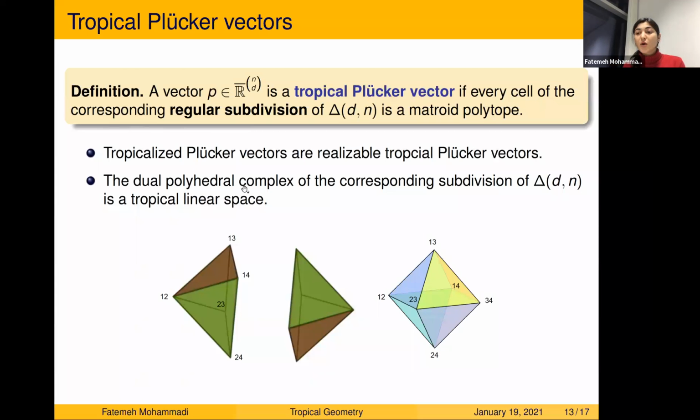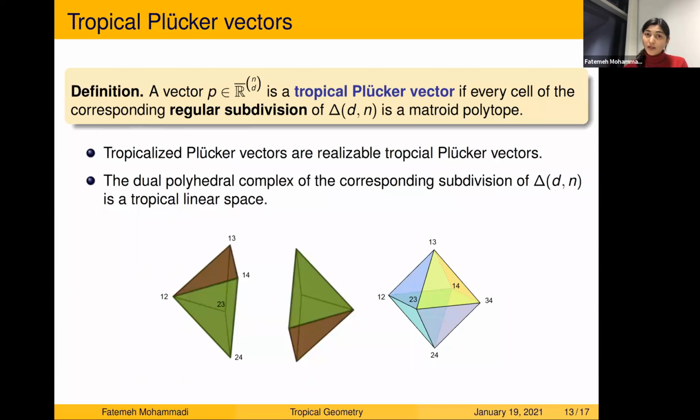Okay, so the next step, I'm going to recall what a regular subdivision is, because they're not just usual subdivisions. I have to only check regular subdivisions induced by these vectors. Think of it algorithmically: you give me a point in n choose d, and you're asking me whether this point is in the tropical of my linear space.